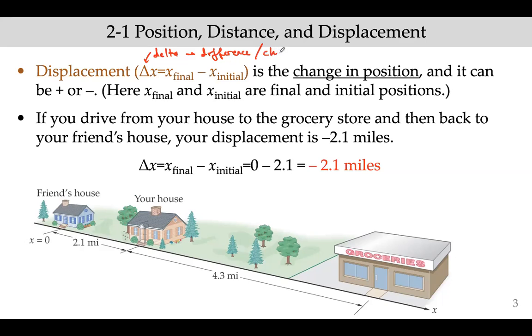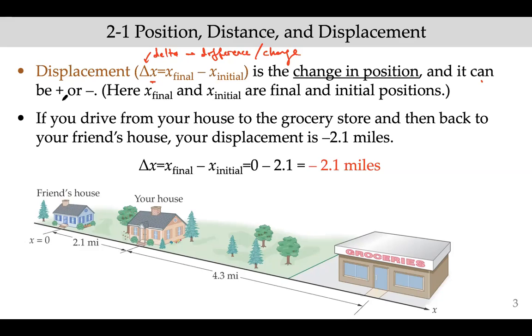Whenever you see something like delta A, it means A final minus A initial, whatever that A is. Here, in this case, it's x, its position. So delta x is x final minus x initial. So this is displacement, the change in position.